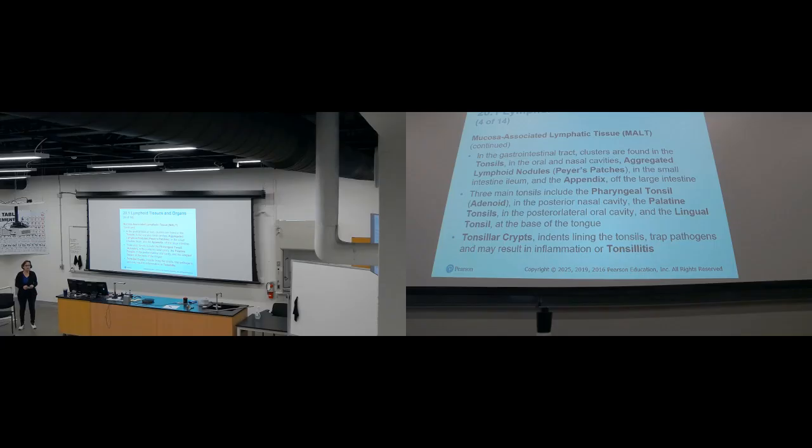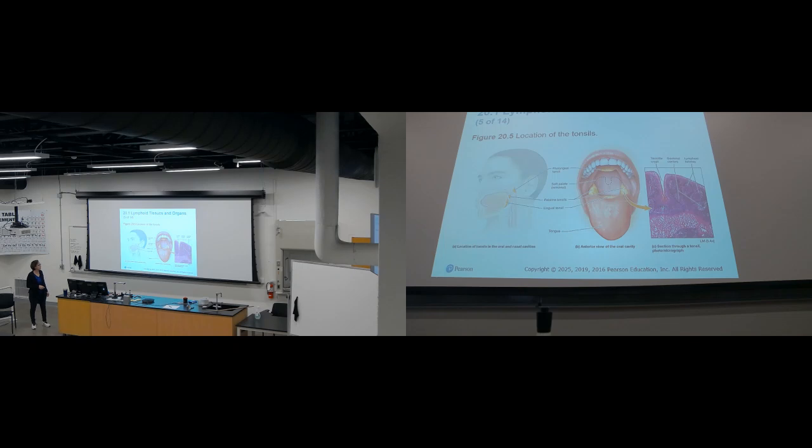And these can trap pathogens, like in the palatine tonsils, but they can also trap food. Sometimes some people have a large inflamed tonsil, and this is going to lead to inflammation because they have a piece of food there, a stalk, that can remain for several days, and it needs to be removed.